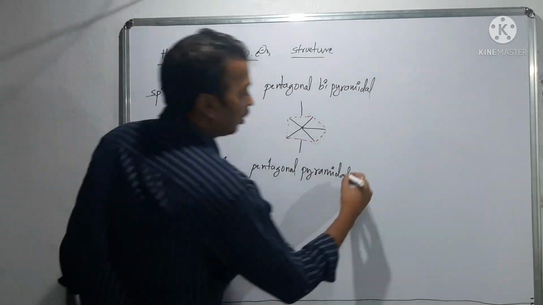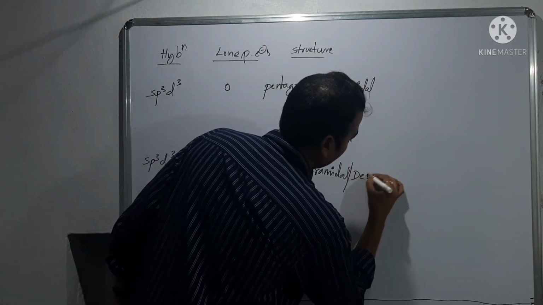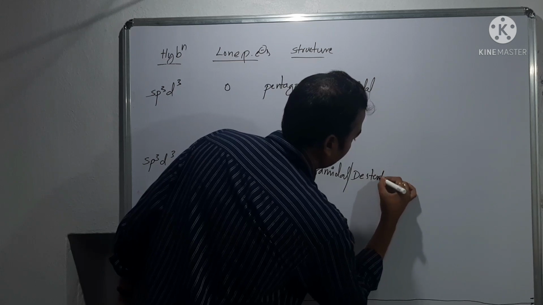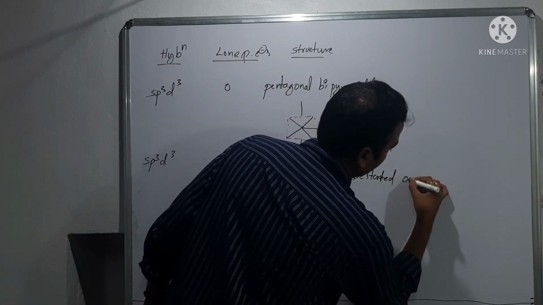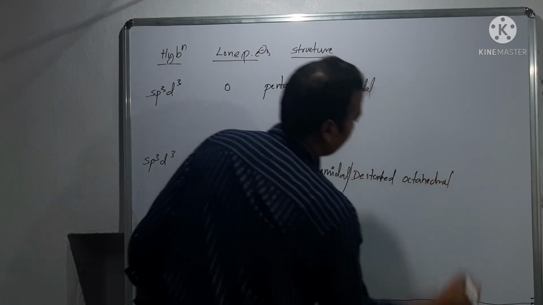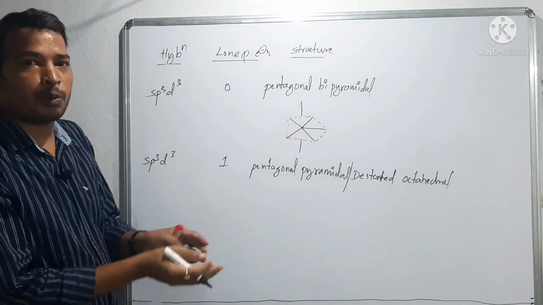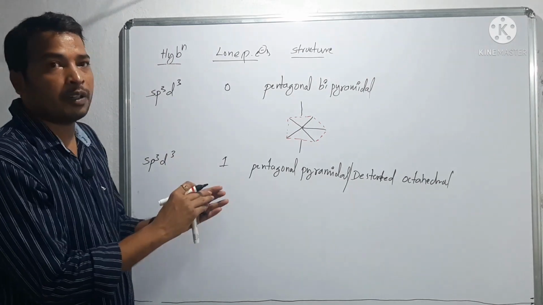It can also be called distorted octahedral, because of the presence of the lone pair here, the octahedral shape will be disturbed.